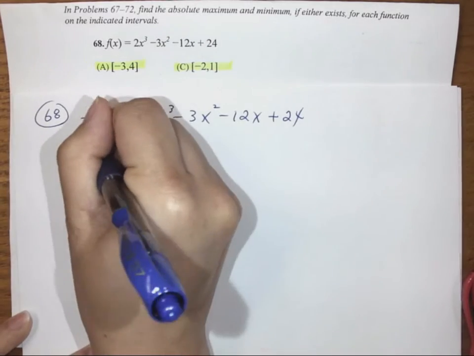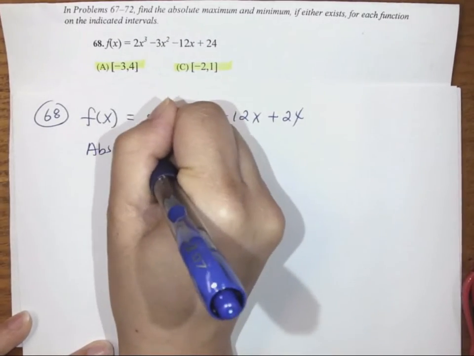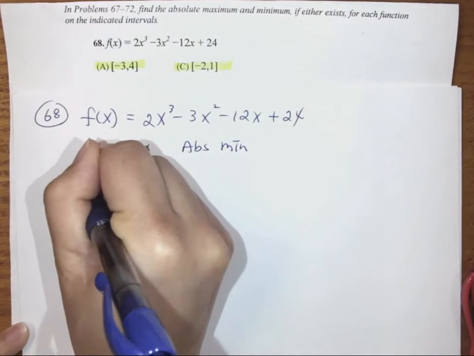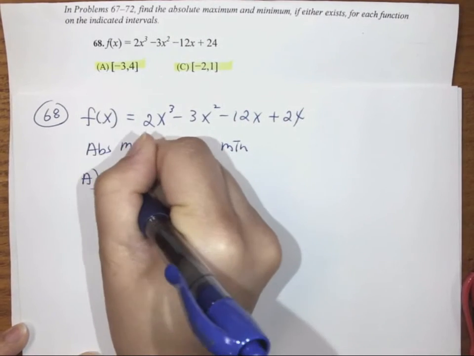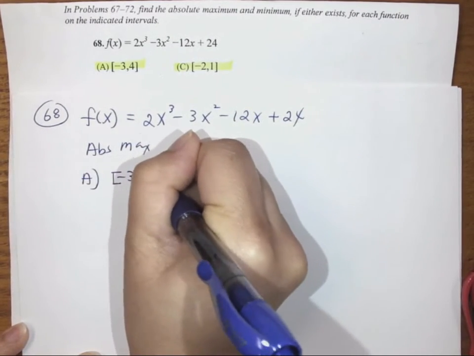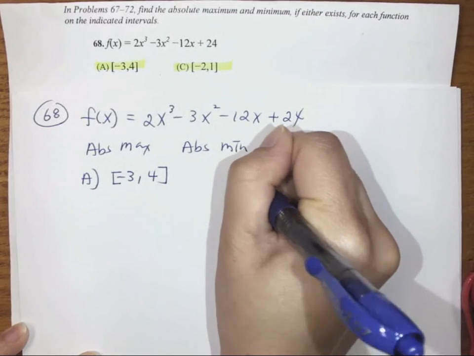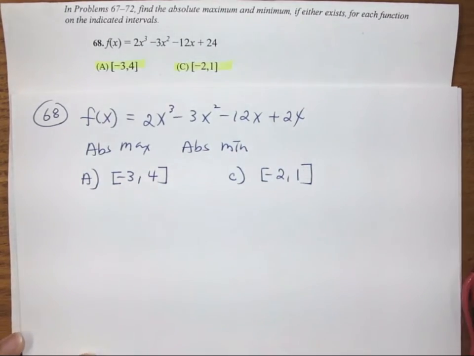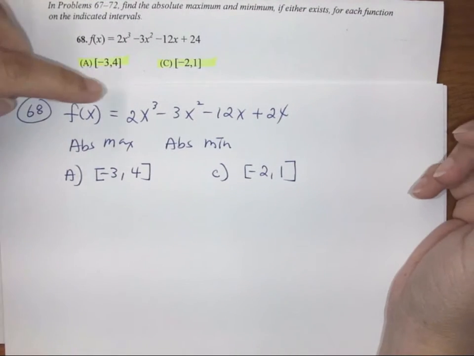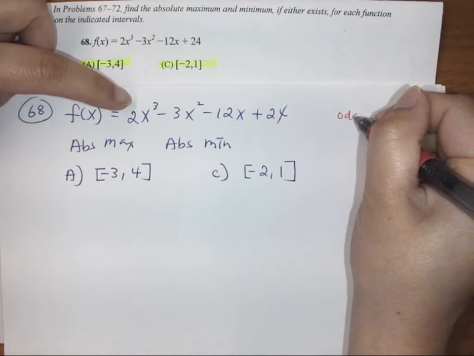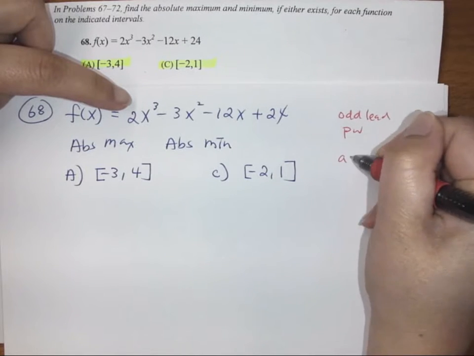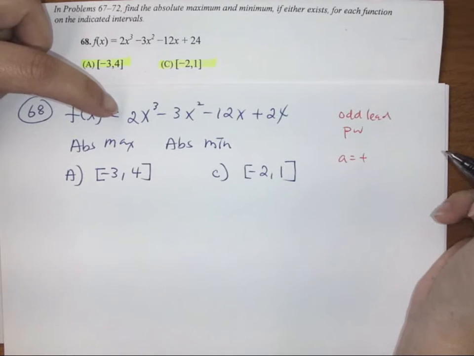They give you two intervals: one interval is -3 to 4, and the other interval is -2 to 1. So I know this graph is going to be an odd leading power 3, with a positive.